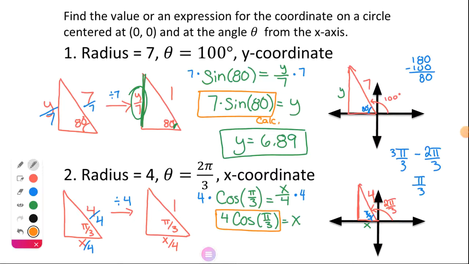So you're going to go to mode, find radians, and click on that. So what do we have? 4 cosine, get our fraction of pi over 3. The answer that I got was 2.